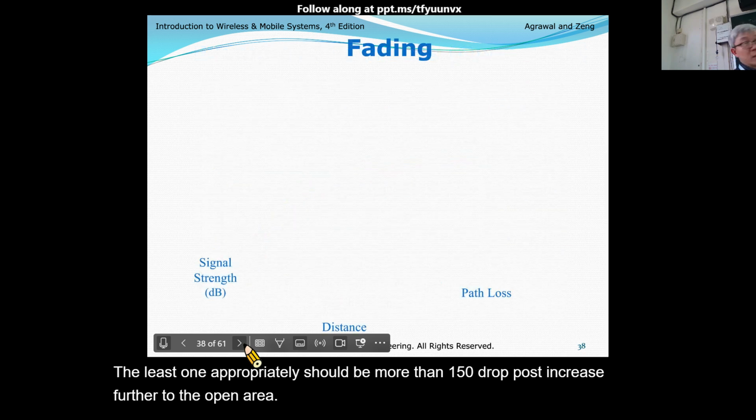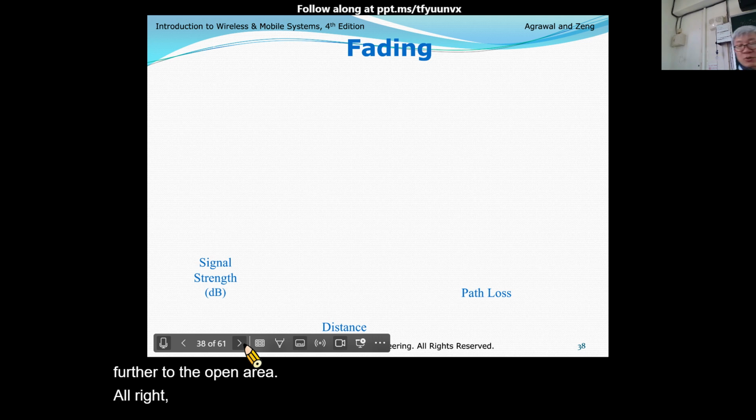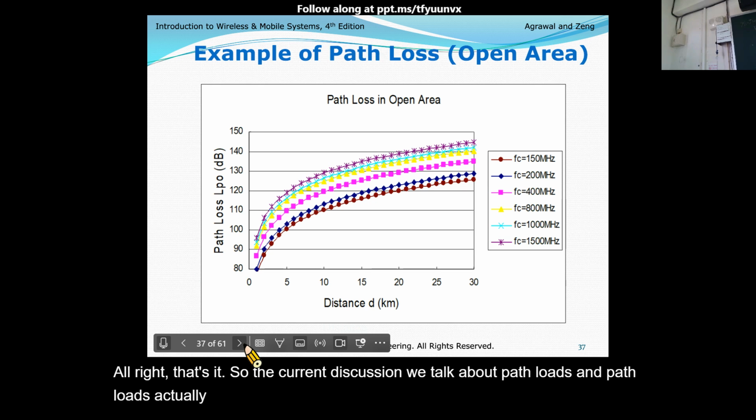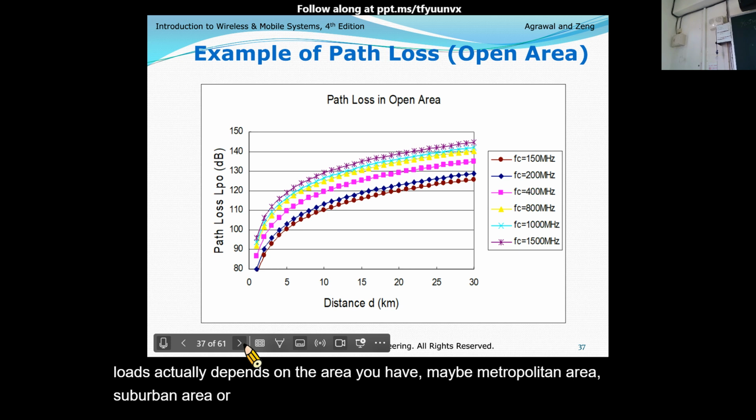All right, that's it. So in the current discussion, we talk about path loss. And path loss actually depends on the area you have. Maybe metropolitan area, suburban area, or open area, or free space.